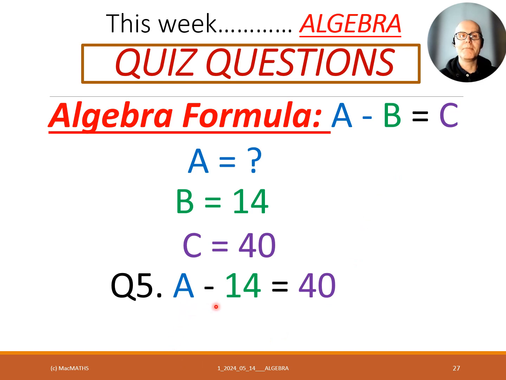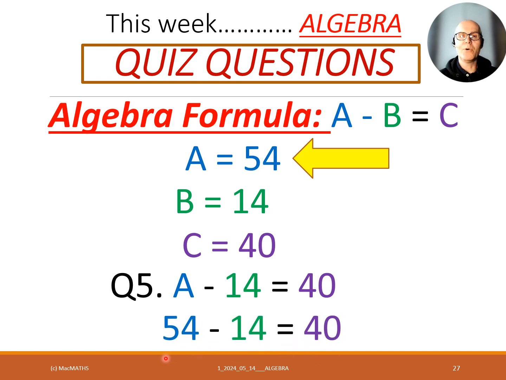What number minus 14 equals 40? Or the other way to think of it is, what number is 40 plus 14? It's 54. 54 minus 14 equals 40.